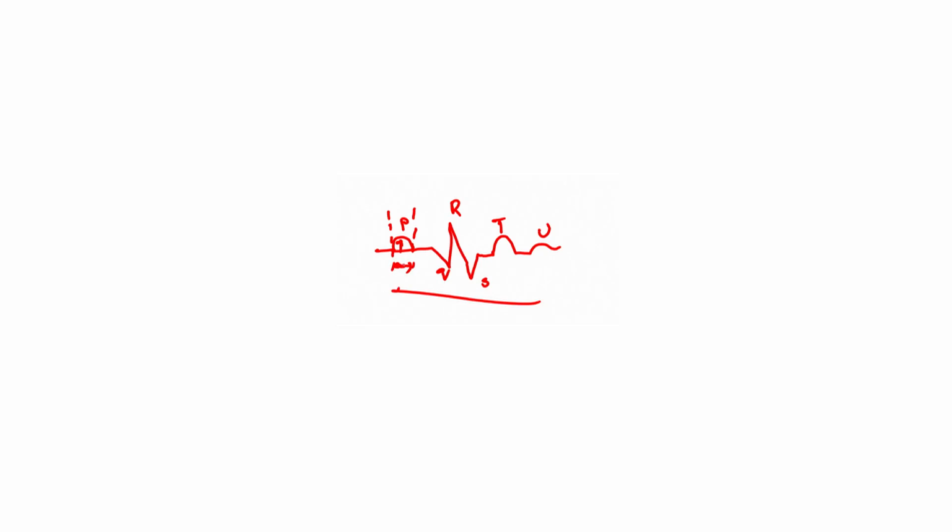Each will have a properly defined timing as well as an amplitude. Any deviation from the standard values, that means the amplitude and time duration of the P wave, the QRS wave and the T peak, cannot be easily visualized. So, any deviation from the standard values indicates that there is some problem in the working of the heart.